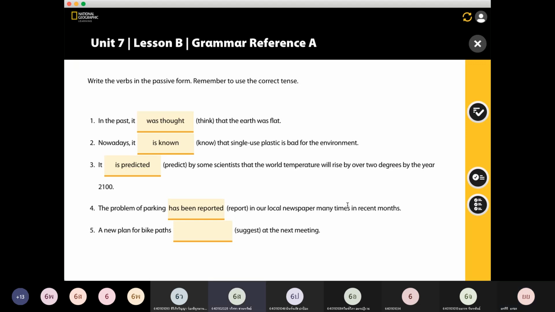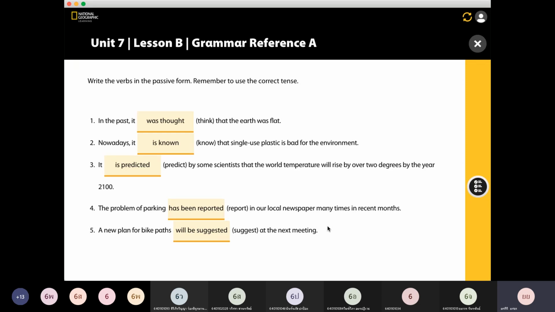Is being suggested, or will be suggested because it's in the next meeting. You can use either, but in terms of sense, will be suggested gives the sense of the future.